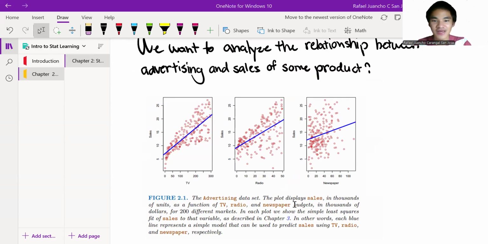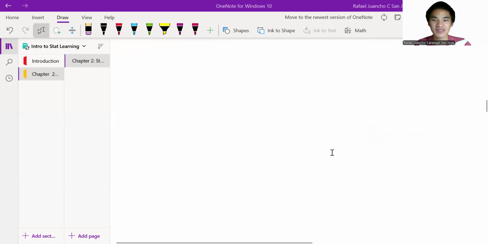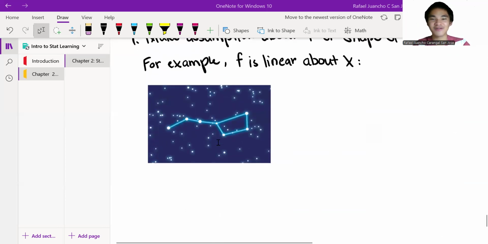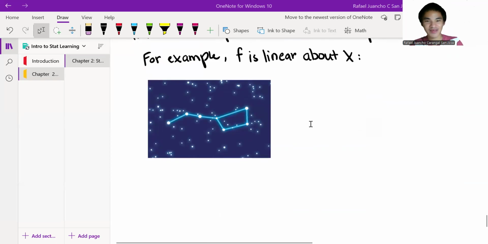So here we kind of made an assumption, or made a shape, in this case a line, towards this data, right? This data has some sort of shape, and we're trying to describe it using a line. It's really similar to how we look at the stars during the night and try to come up with shapes like these.